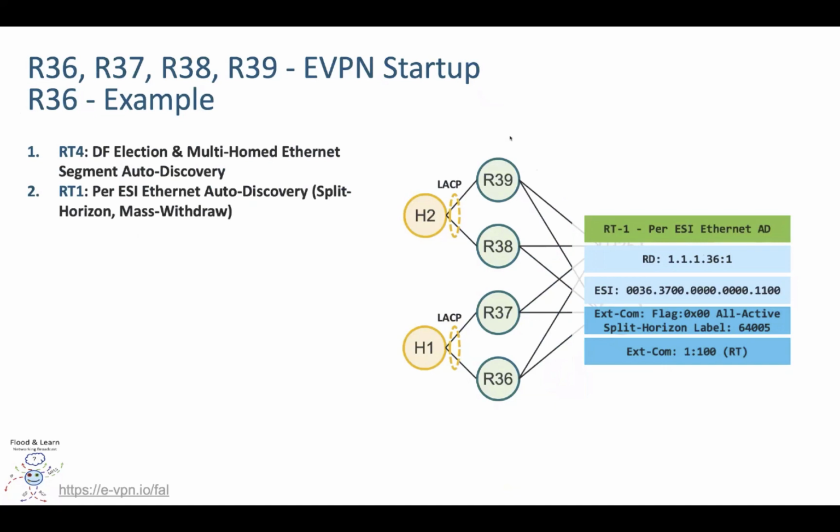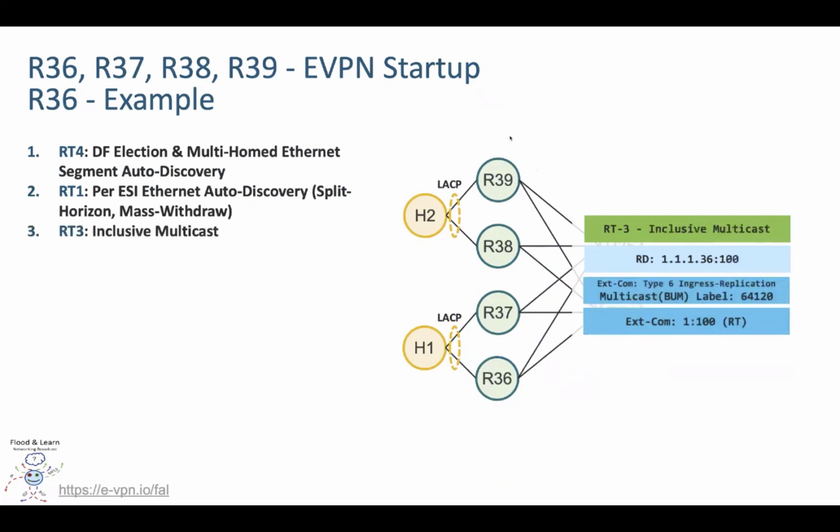At the same time, you can also see in the detail of the message that you are advertising in this route that this particular Ethernet segment is, for example, all-active. If it were single-active, you would advertise a different flag there to let everyone know that you are using a different balancing mode.